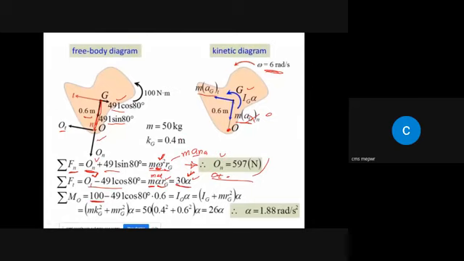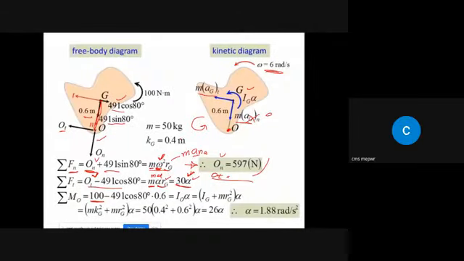Okay, and it is counterclockwise, so let it be positive, about point O. And then we have this MAGT, which is mass multiplied by Ag, and definitely AGT is equal to alpha Rg, multiplied by that 0.6.